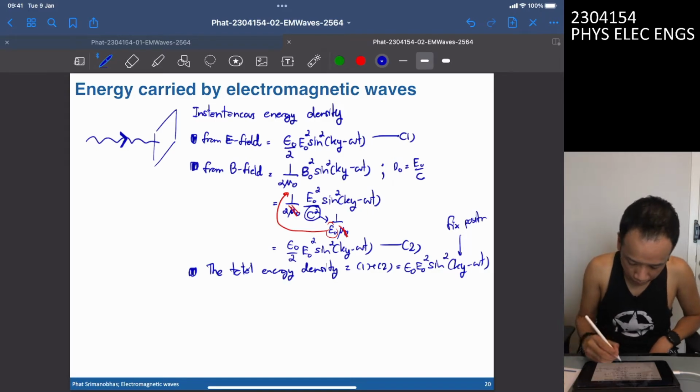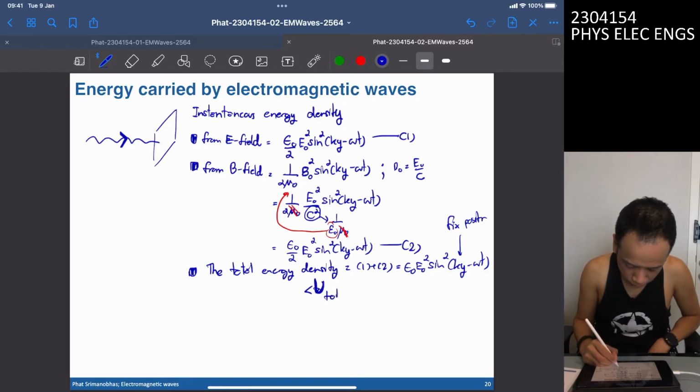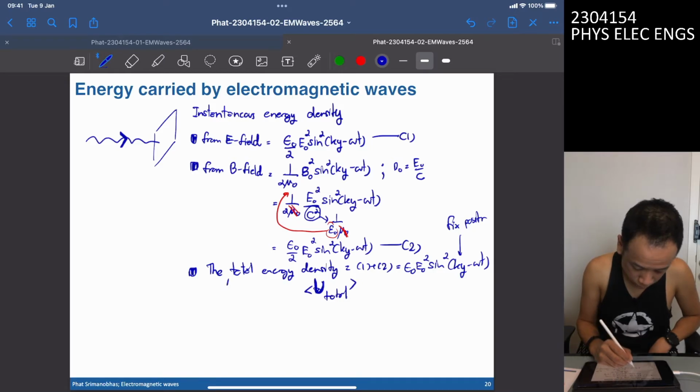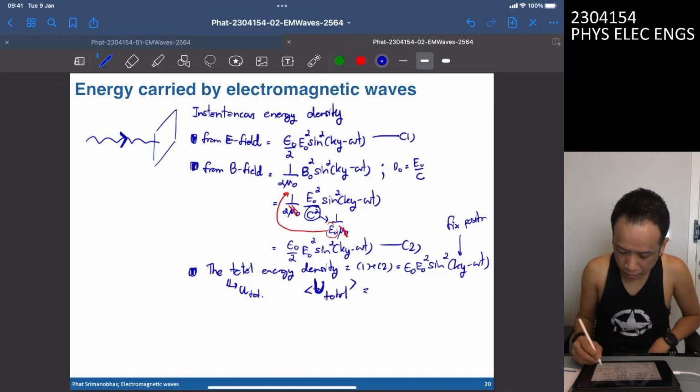Then if you would like to have the expected value of U total, the expectation is 1/2 epsilon 0 E0 squared.